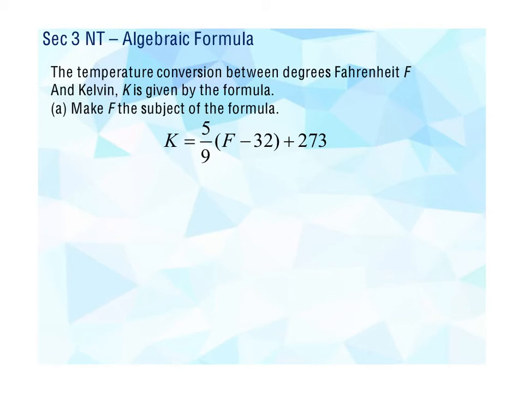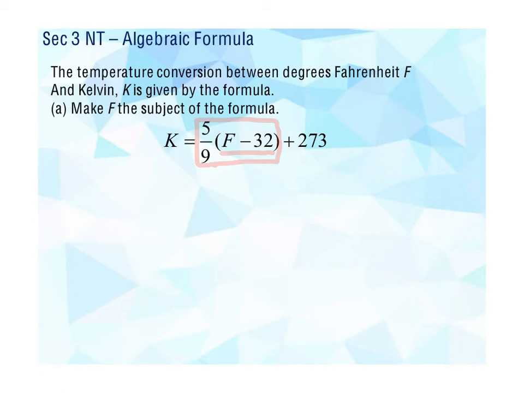Now the question asks us to make F the subject. Okay, so what do we have? We need to work this out one by one. First, F is trapped inside the bracket here and is tied to 5 over 9, the fraction. So I can't do anything to this immediately.